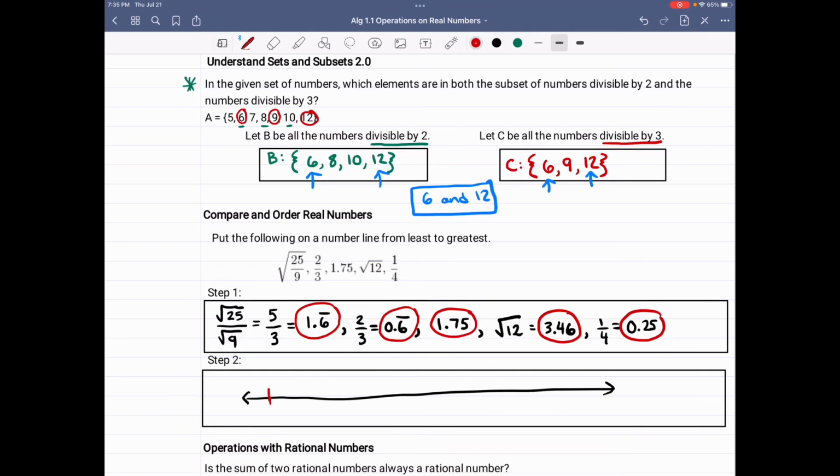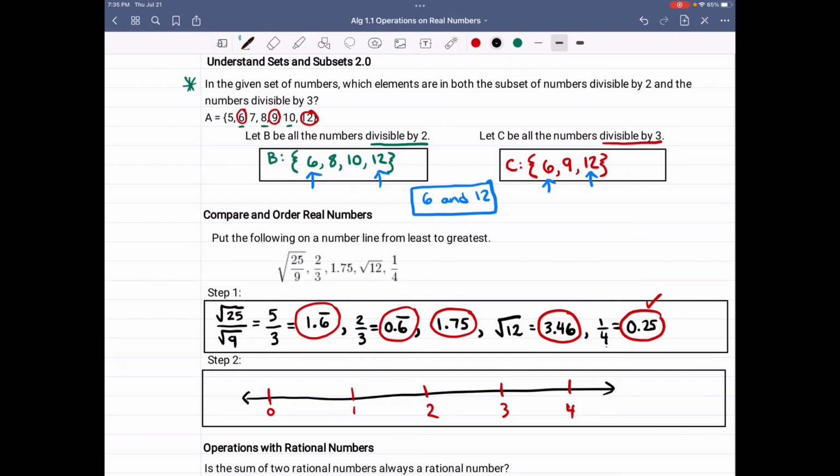So here is 0. It goes up to 3.46, so I'm going to put 1, 2, 3, 4 so that we can fit all of our numbers on here. 0.25, that's going to be the first one, and it was originally given to us as 1/4.